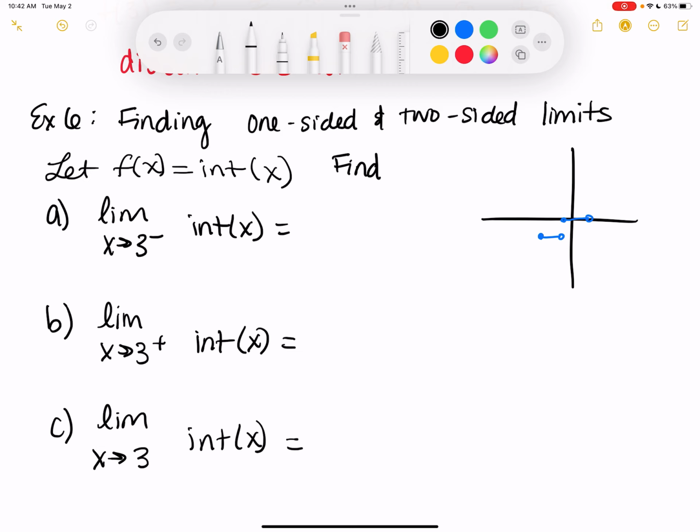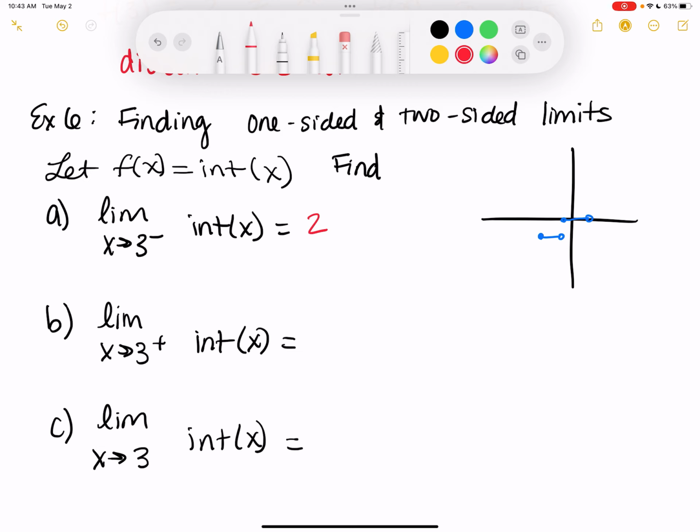We care about x equal to 3, so that's over here. At x equal to 3 from the left, that's this value right here. Y is equal to what? 2. So that's equal to 2.